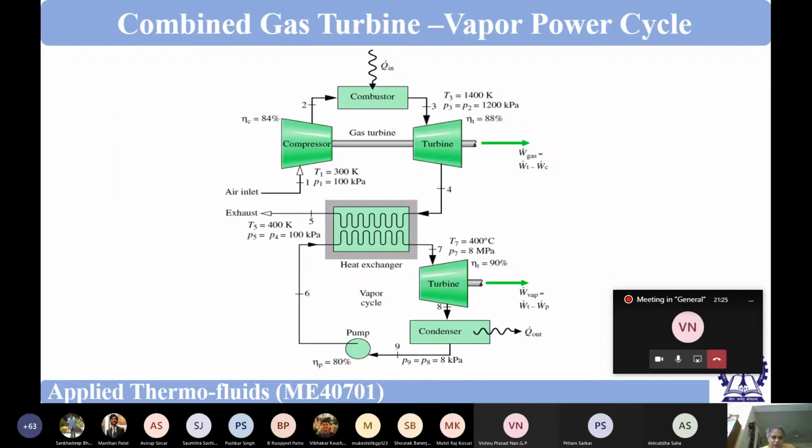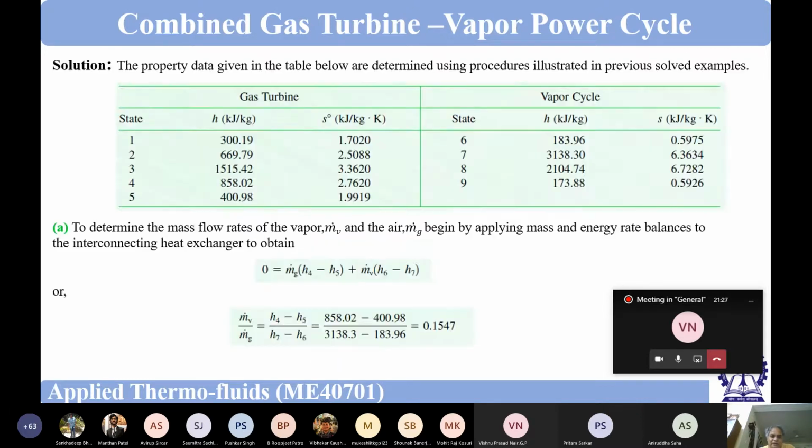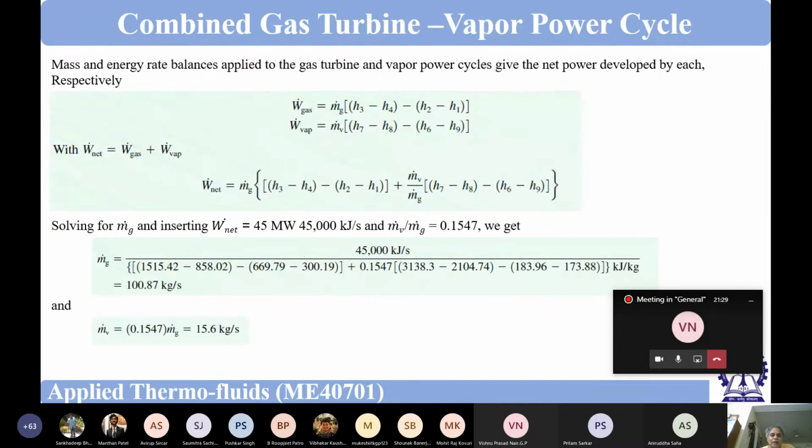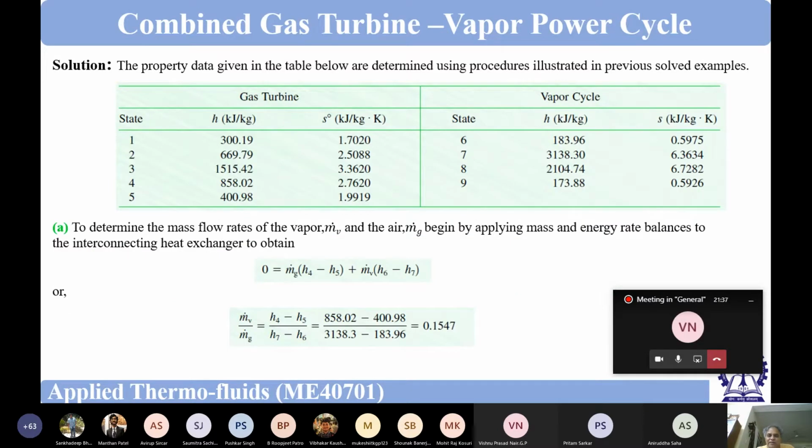So that is your compressor work. Whereas pump work is H6 minus H9. H6 is 183 and H9 is 173, so it is only 10 kilojoule per kg, and that too will be multiplied by the very small mass flow rate of vapor.